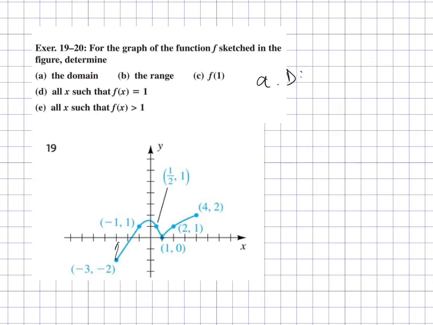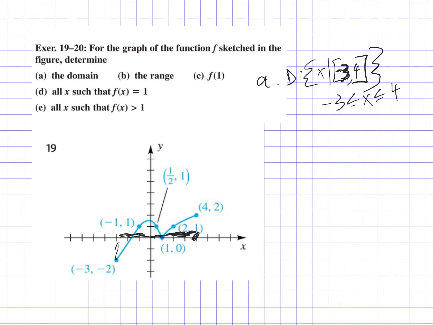So your domain is x such that it's a closed dot at -1. I'm sorry, -3. -3 is where that's at. And it's going to be shaded. There's no holes. So you're always looking for holes. All the way over to 4. And that'll be a bracket. So that is going to be your domain. Now, I think in the back of the book, it probably has less than or equal to x, less than or equal to 4.